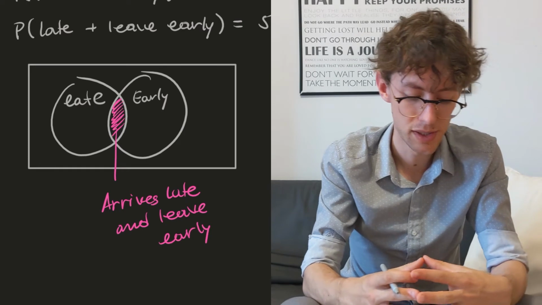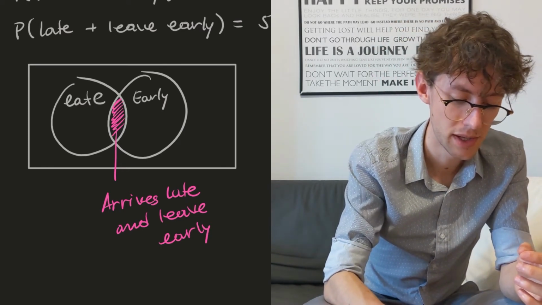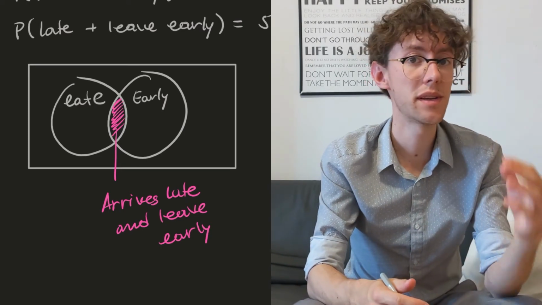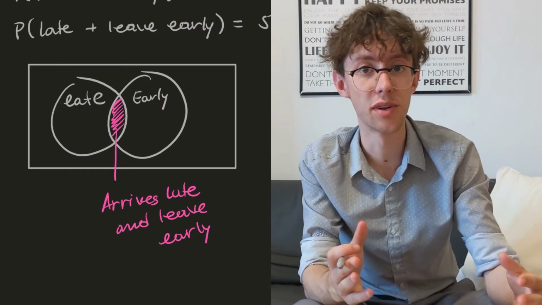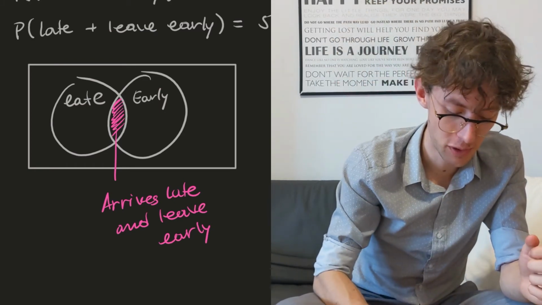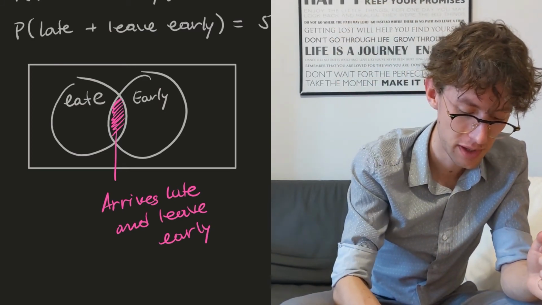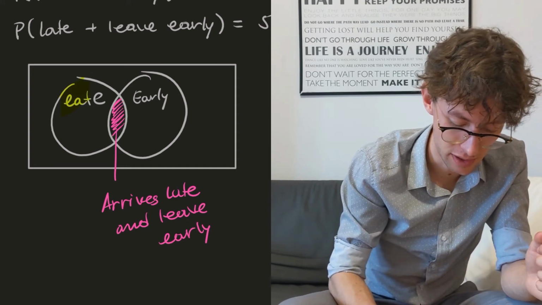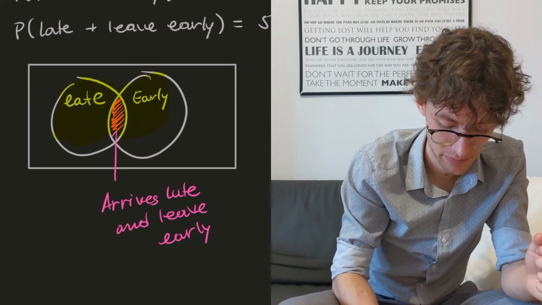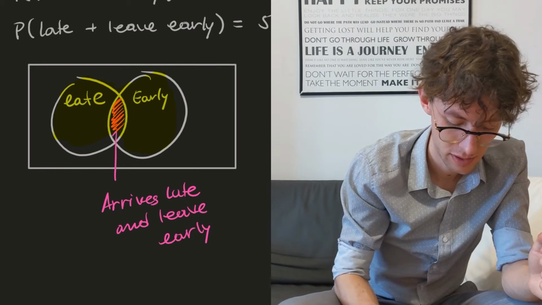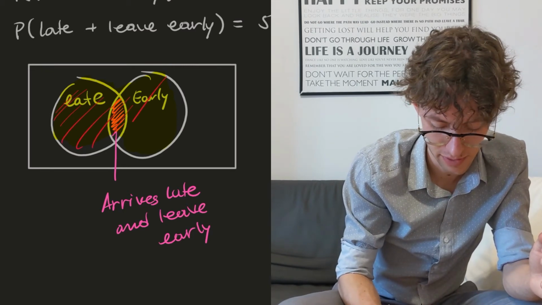The question is, what is the probability that on any given day he will either arrive late or leave early, or both? So what is the probability of this whole thing here, everything here, all of this?